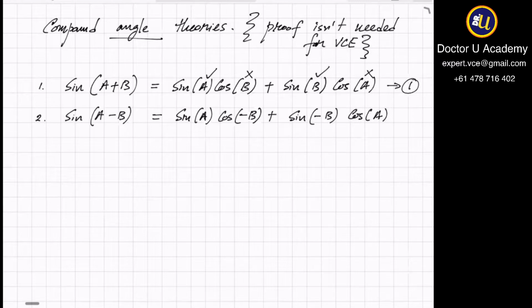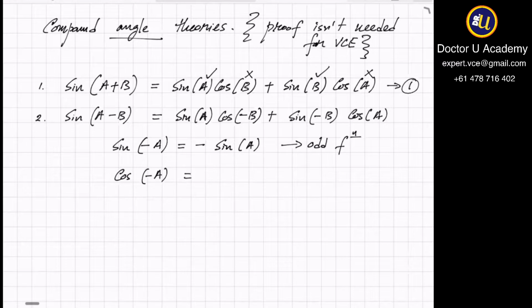So sine minus A is minus sine A. This is an odd function. Sine is an odd function. Cos minus A is cos A. Cos is an even function.